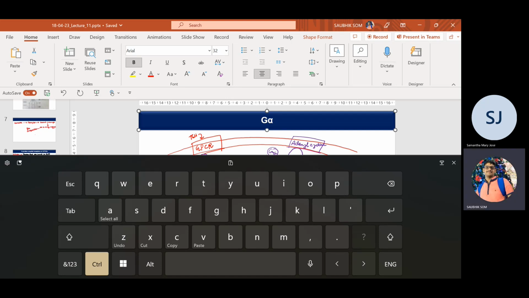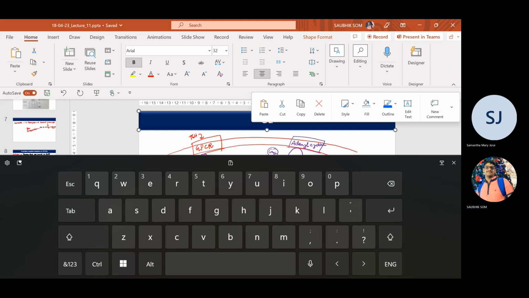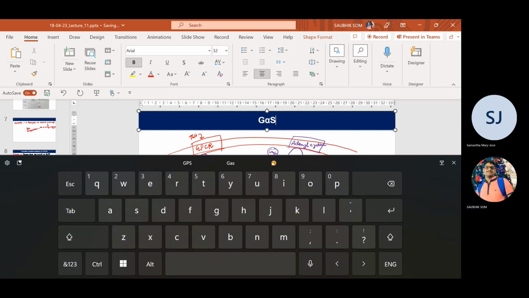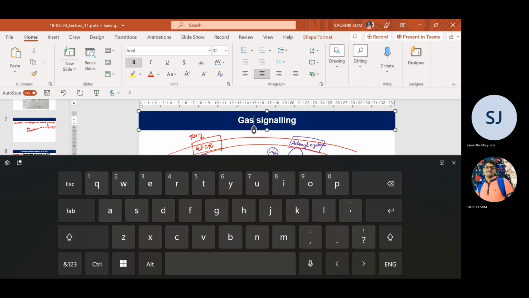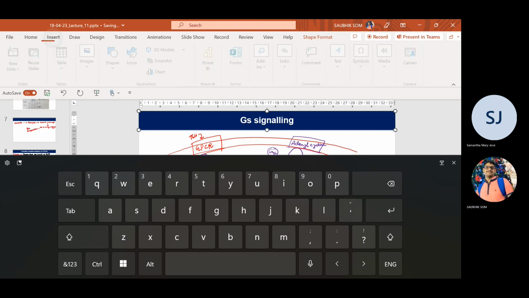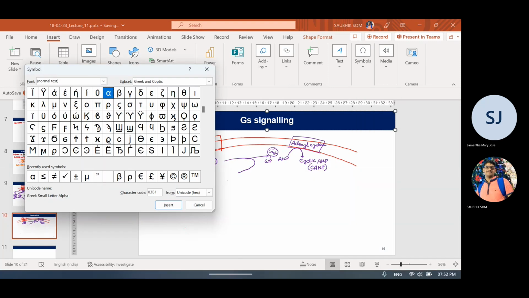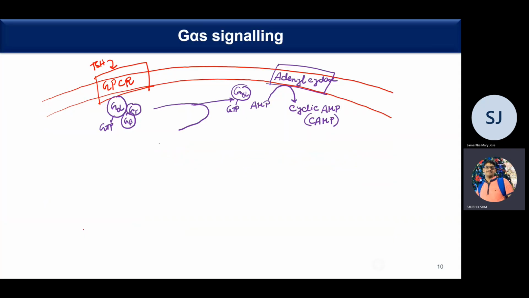This is G alpha. I'll clear it later. This is G alpha S signaling, by the way.